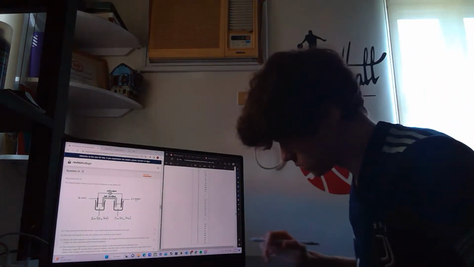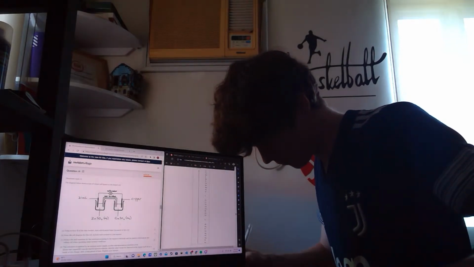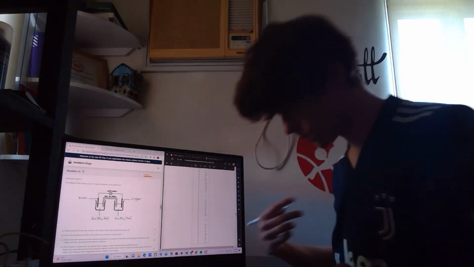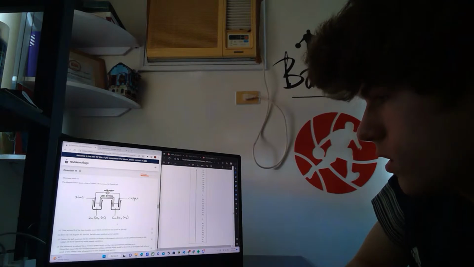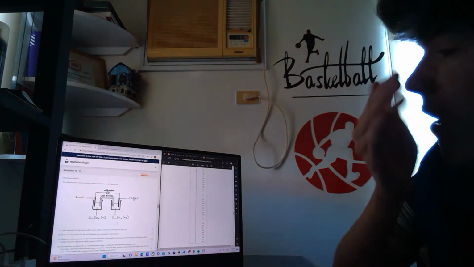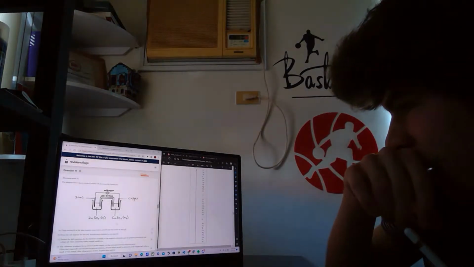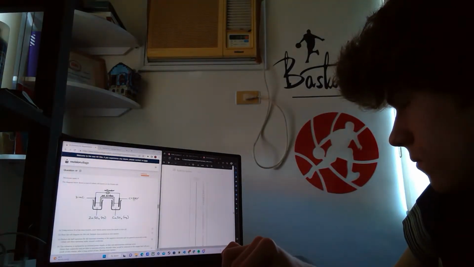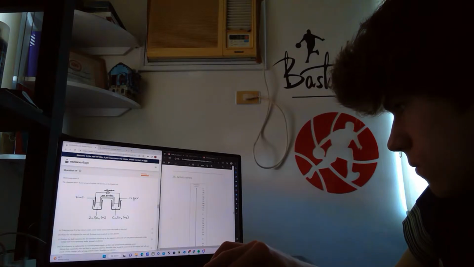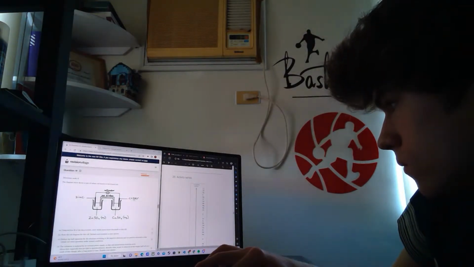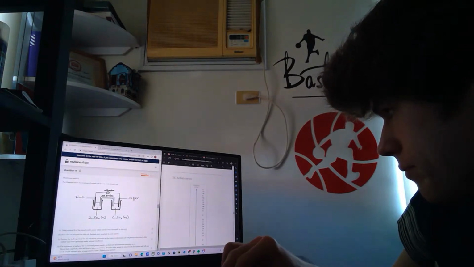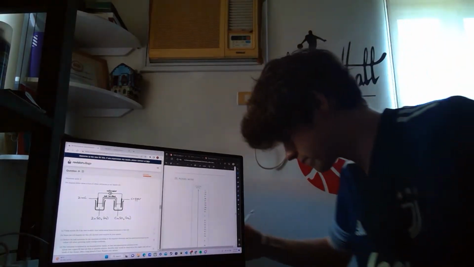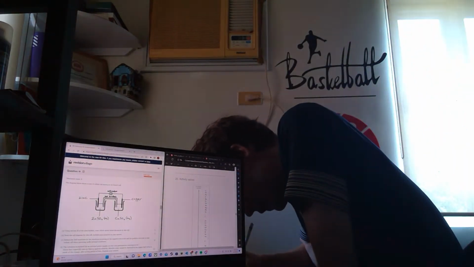Now on to question 19. Using section 25 of the data booklet, state which metal forms the anode in this cell. So Cu is the anode.